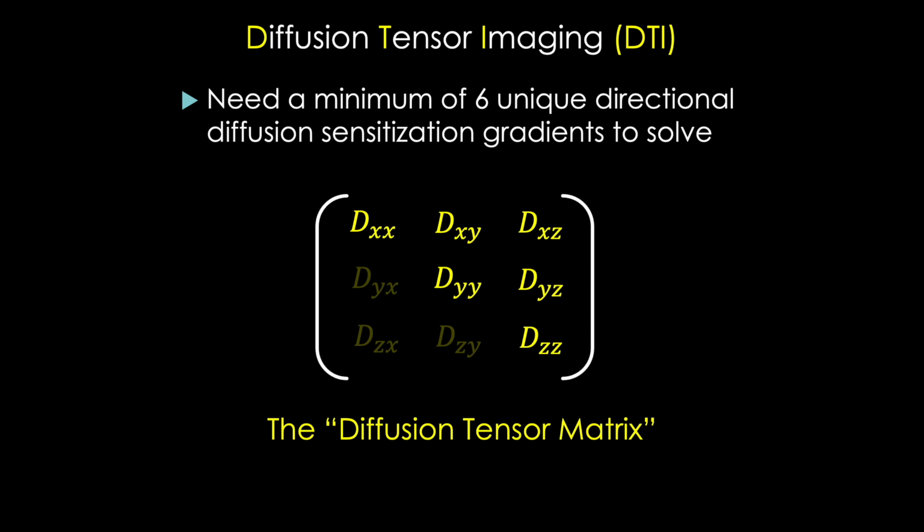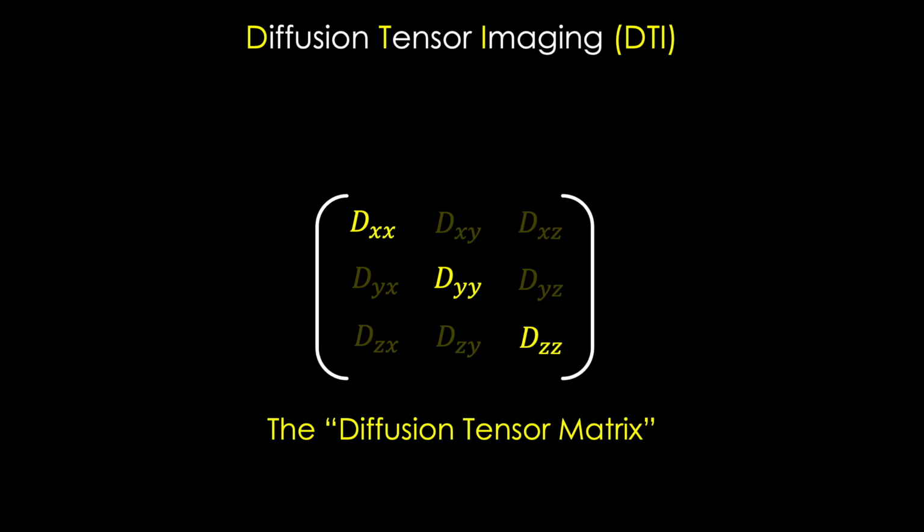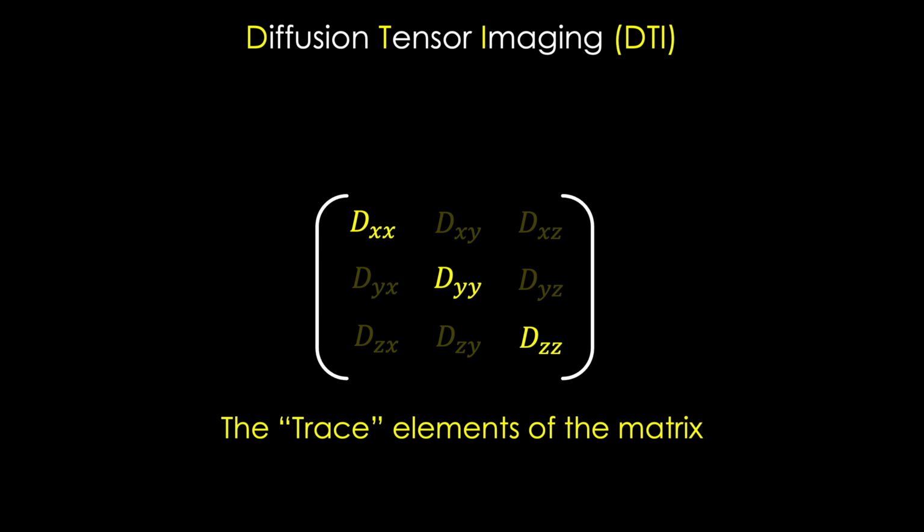And as you can imagine, we're going to need to make sure the direction of these gradients are well arranged in space, particularly these off-diagonal elements, to make sure we're detecting the diffusion. What do I mean by off-diagonal elements? Well, notice that the diffusion coefficients along the diagonal of the matrix are actually special in that they are the ones perfectly aligned with our x, y, and z axes, and these have a special mathematical term: the trace elements of the matrix.